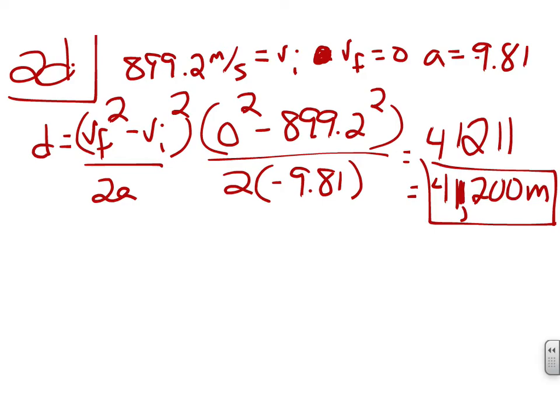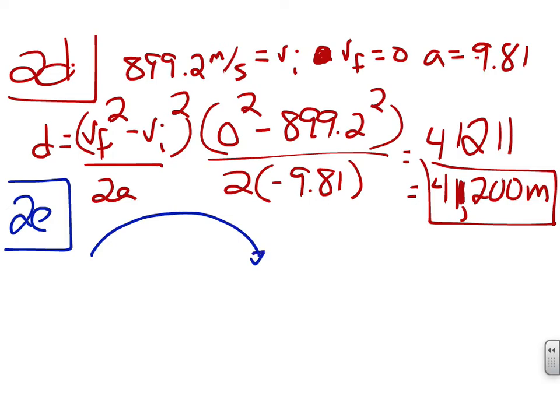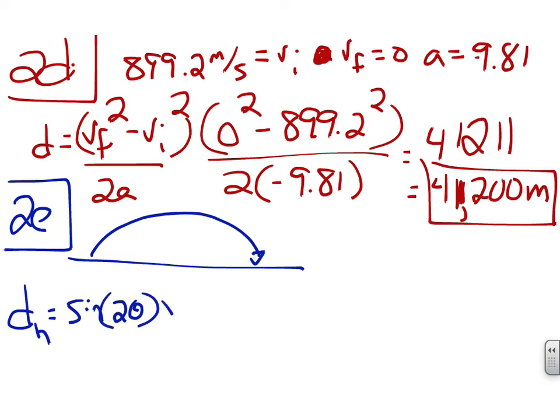In part E, we're going to say the gun is pointed at a 68.3 degree angle. How far will the bullet travel? Well, of course, now suddenly the bullet is in a nice parabolic trajectory. It's going to land at the same height it took off from. So we can just use our range equation. That's going to be sine 2 theta v squared over g.